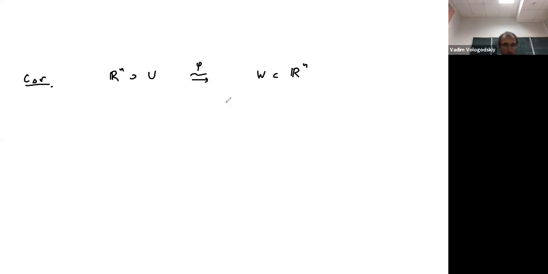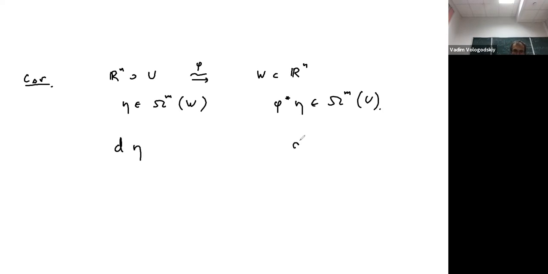If I have a form eta on W, I can take its pullback and get a form on U. Now, by the lemma, I have the de Rham differential of eta, and I also have the de Rham differential of phi upper star of eta.